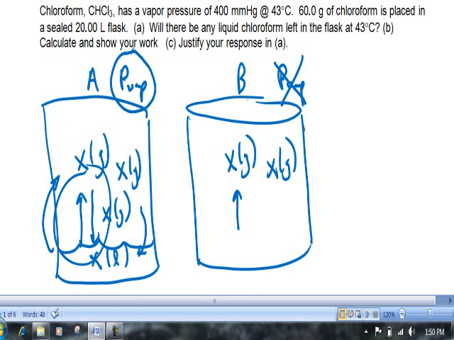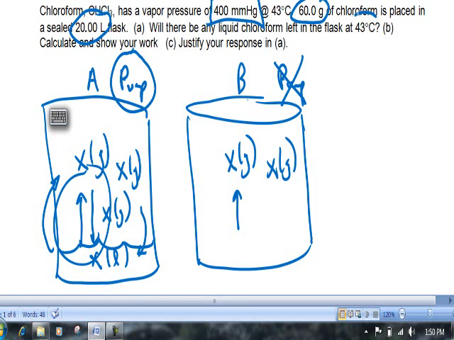Now, if we look at our question, it's saying that we have chloroform. 60 grams of chloroform are inside a container that's 20 liters of volume. The vapor pressure of our chloroform is 400 millimeters of mercury. That's the pressure it has when we reach this saturated point of gaseous material that's in equilibrium with the liquid phase.